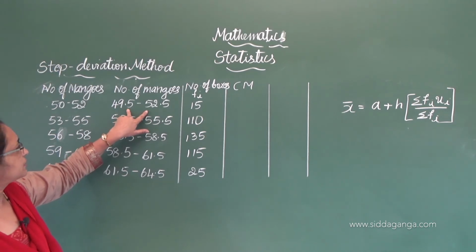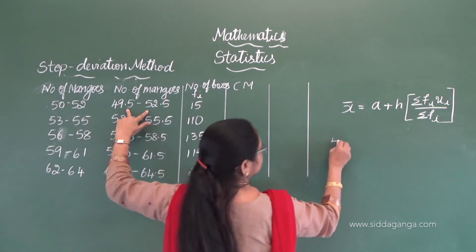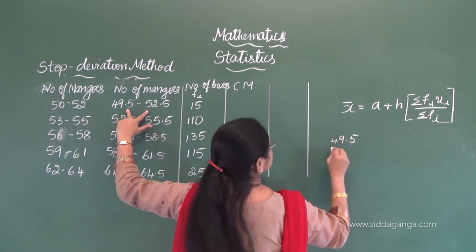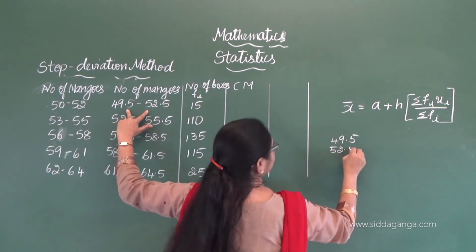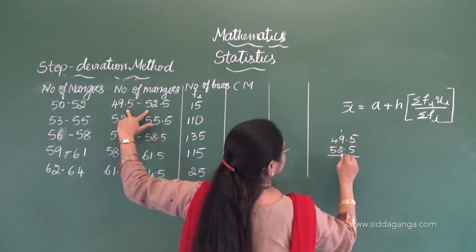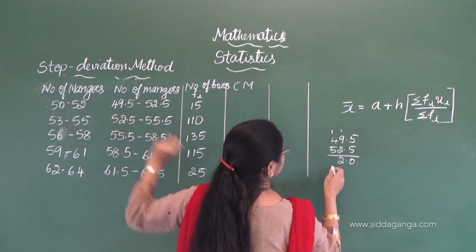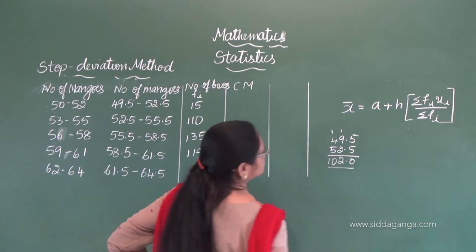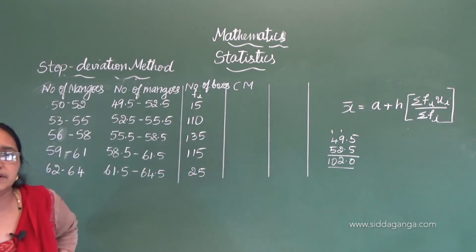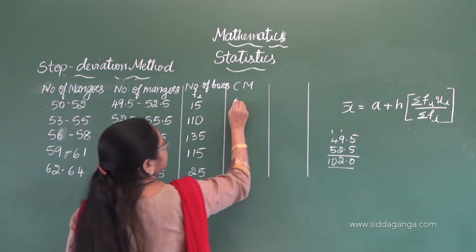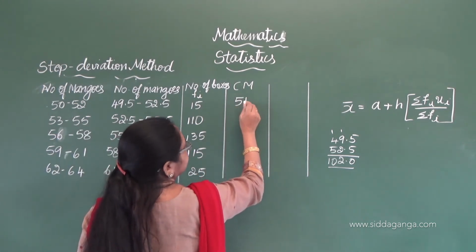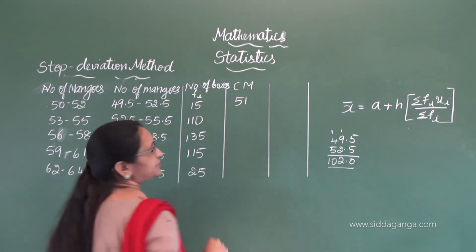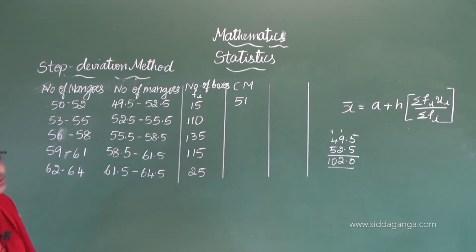So 49.5 plus 52.5 is 102. 102 divided by 2, we will get 51. Correct? 51. So like this.